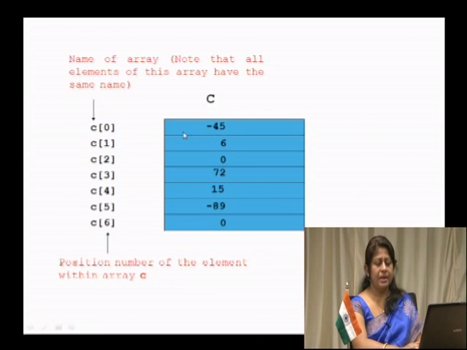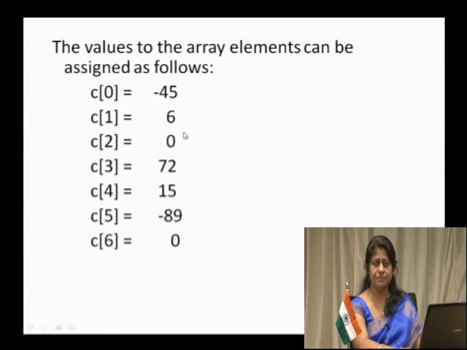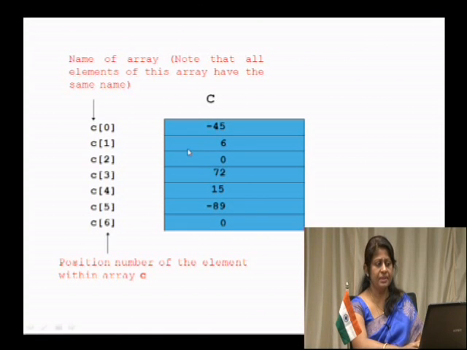So, here, as we had the values before, C of 0 is equal to minus 45. So, in the memory this C of 0 will have a value minus 45, and so on for all the elements over here.